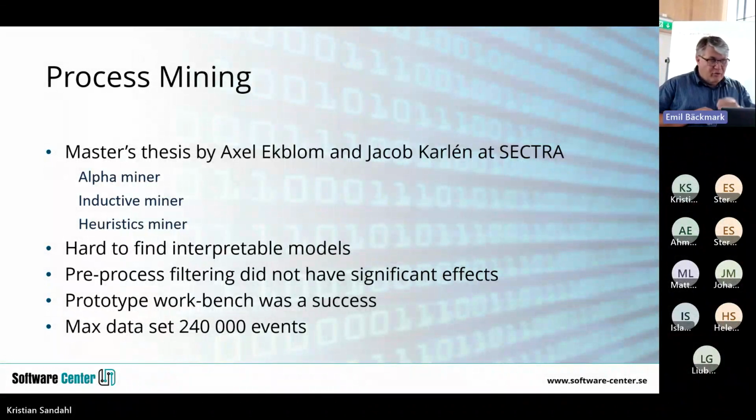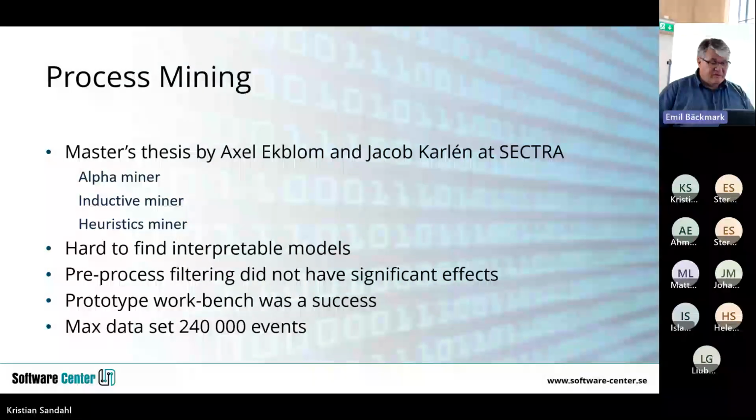They were able to record key presses in a medical device where people investigated and analyzed X-ray pictures. And they used three very common miners: the alpha miner, something called the inductive miner, and the heuristics miner.